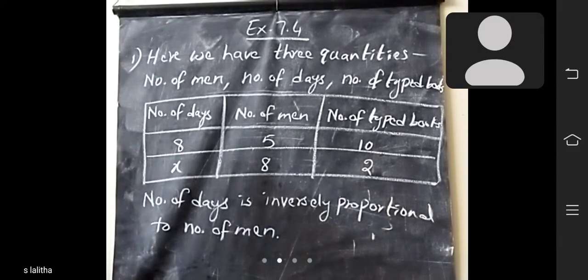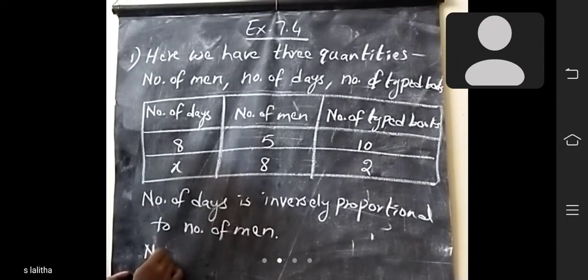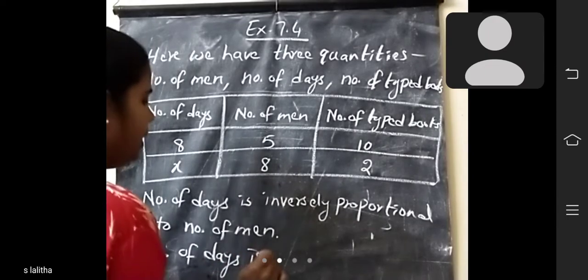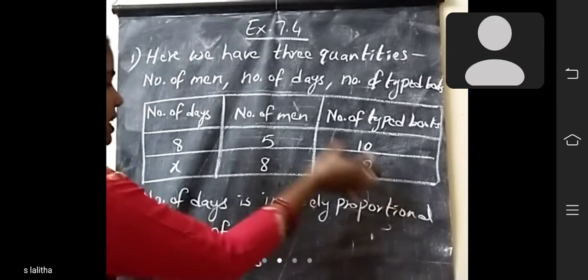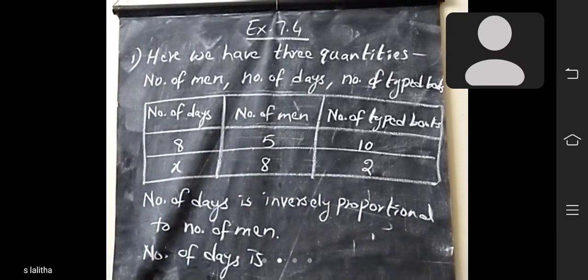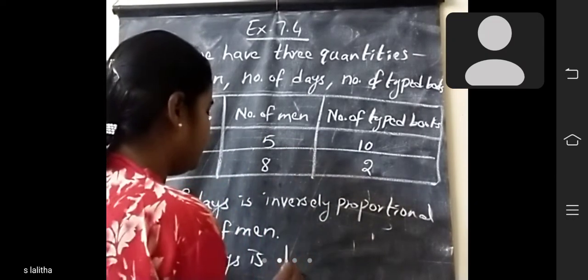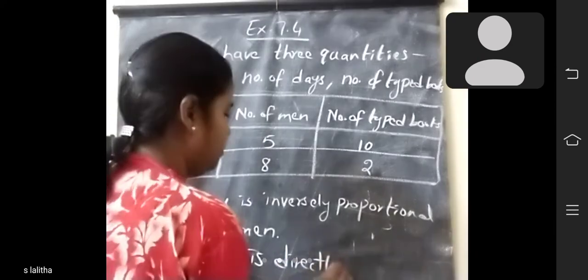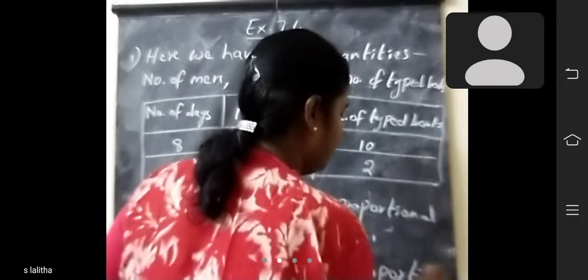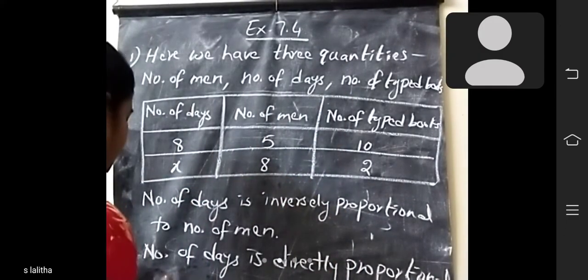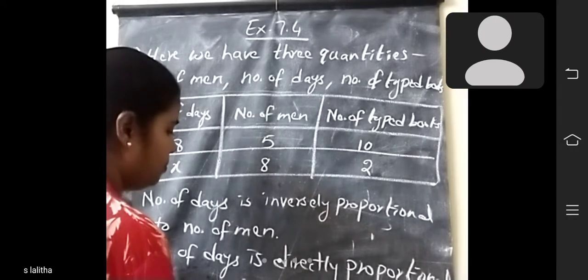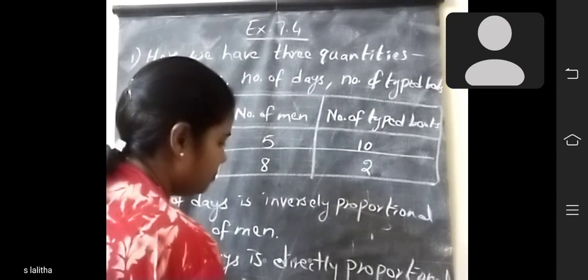Okay, so number of days, now what happened? Here it is decrease, here also decrease, both are decrease. That means it is in direct proportion. Number of days is directly proportional to number of typed books.